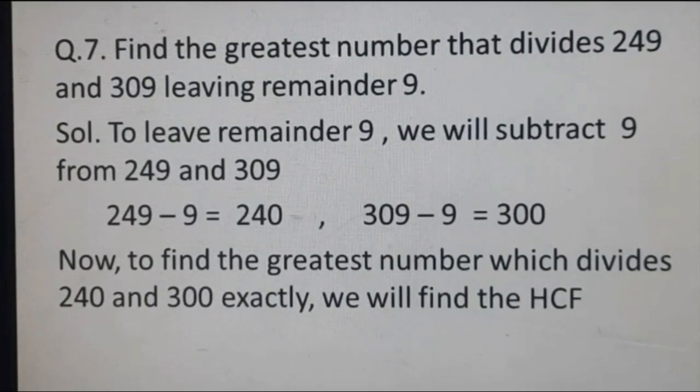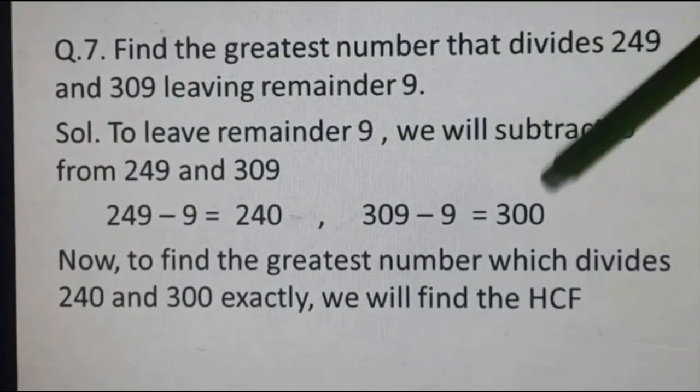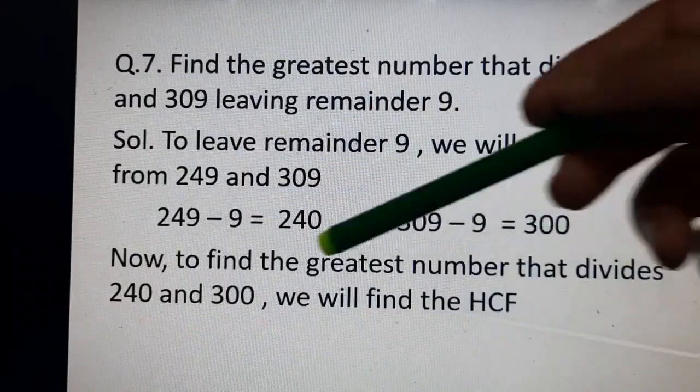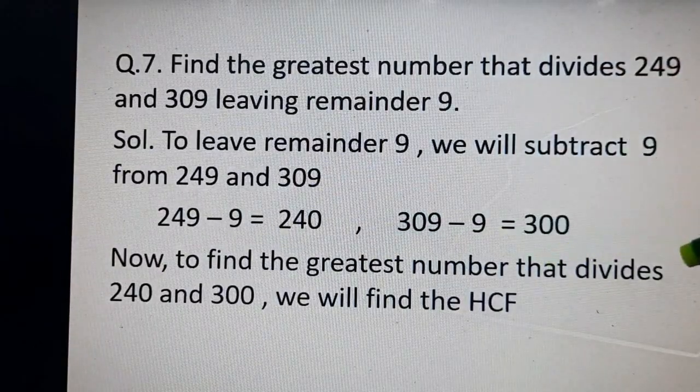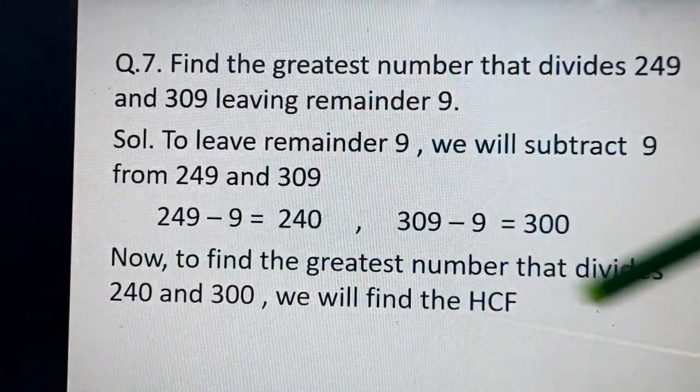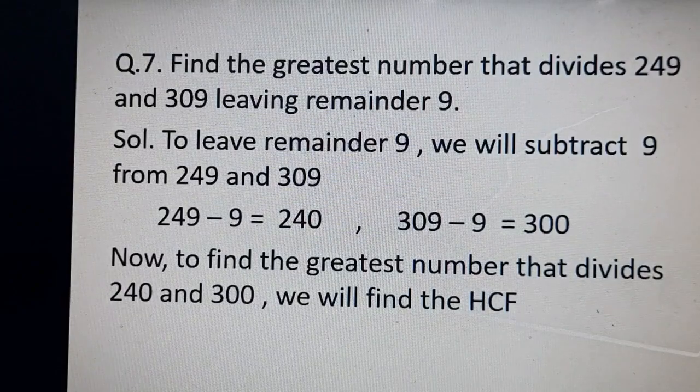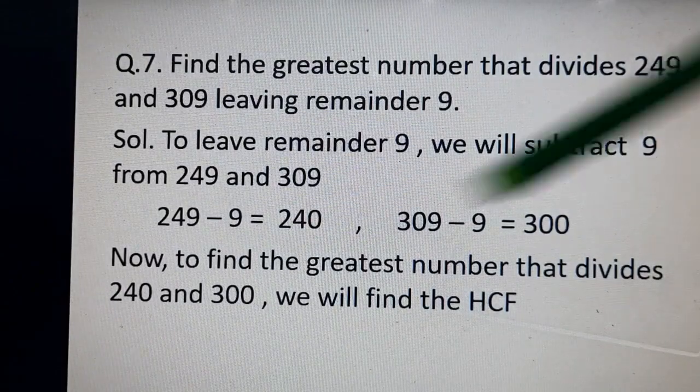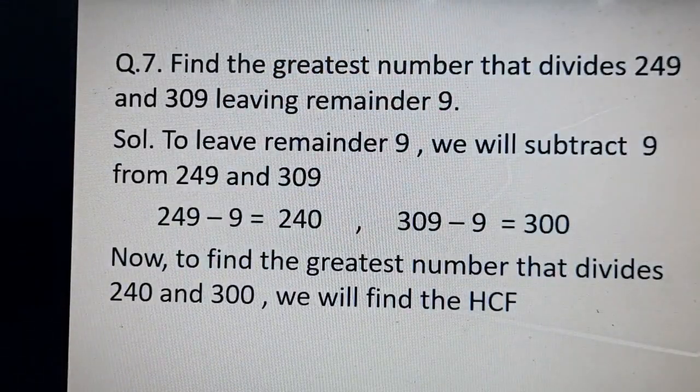The remainder which we have to leave, we will subtract it first. 249 minus 9, 240, 309 minus 9, 300. Now to find the greatest number that divides 240 and 300, we will find the HCF of 240 and 300.